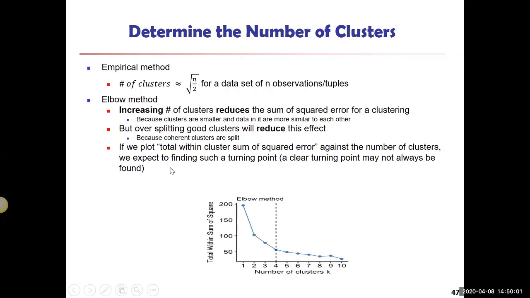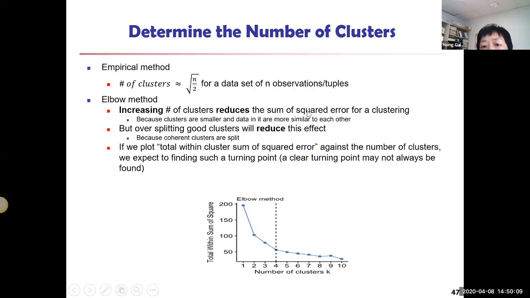Does the elbow also have the globular constraint or assumption? Right. The sum of squared errors, if you use this error, it does.